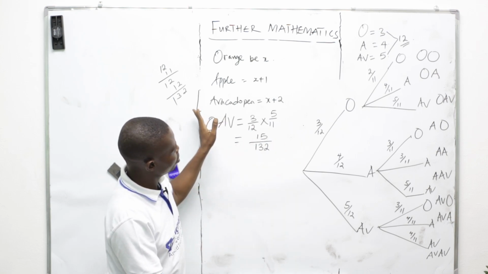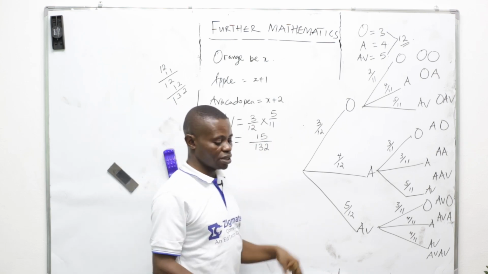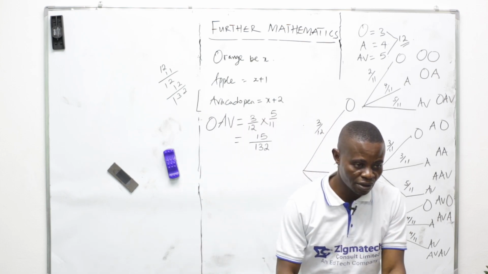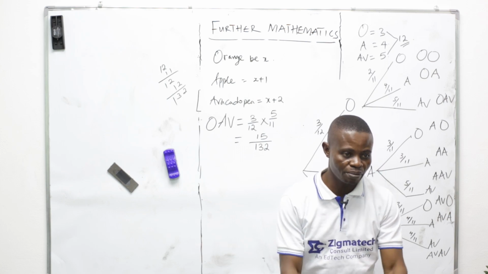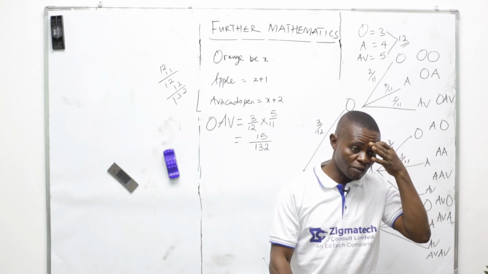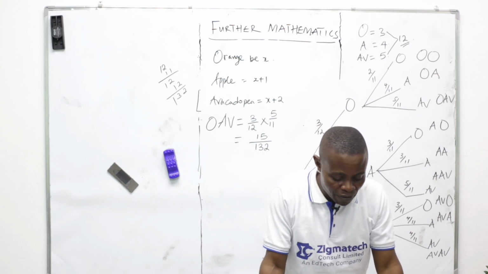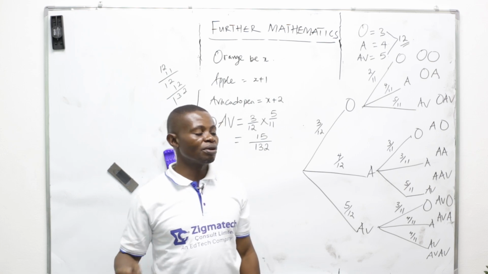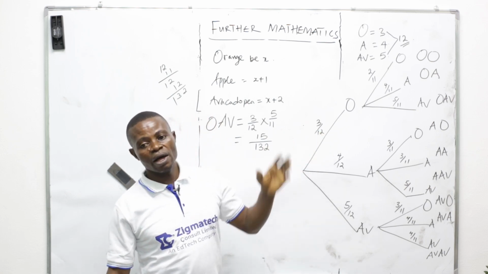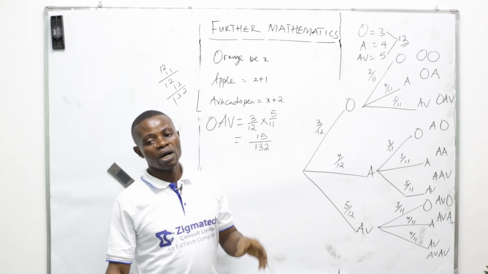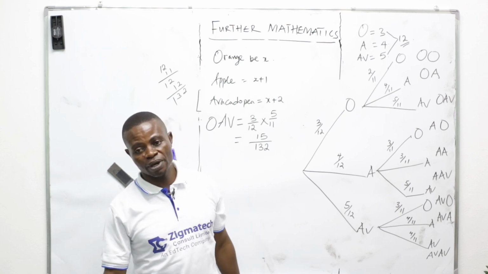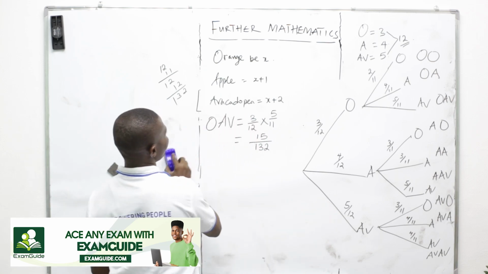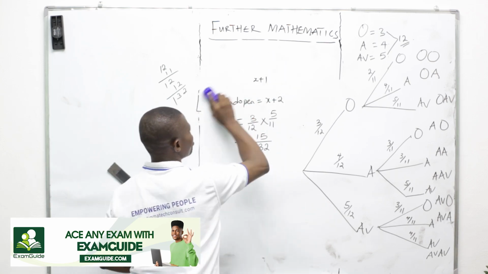This is just it. So you have settled that one. Now, both are of the same fruit, meaning it is either orange, orange, or apple, apple, or avocado pear, avocado pear. I am not cleaning the diagram. Let us use it to solve all the questions they will ask under this probability.